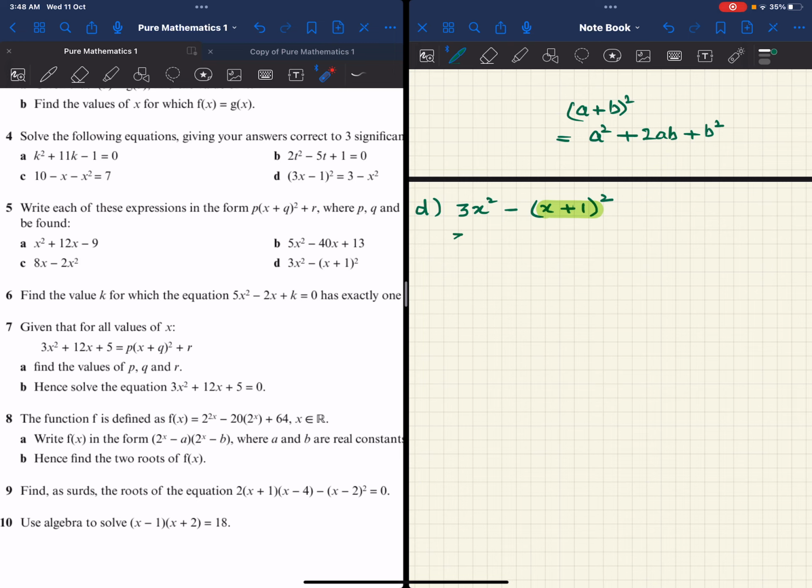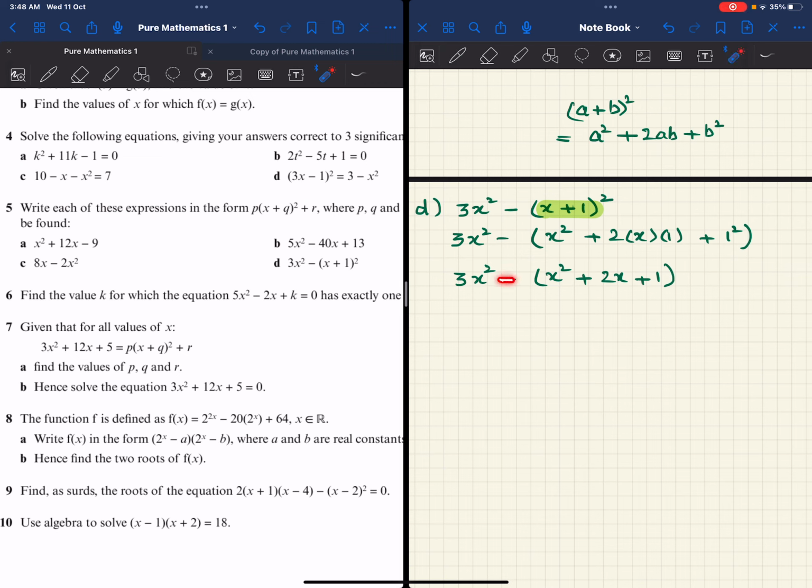So we have 3x² − (x² + 2·x·1 + 1²). So 3x² − (x² + 2x + 1).